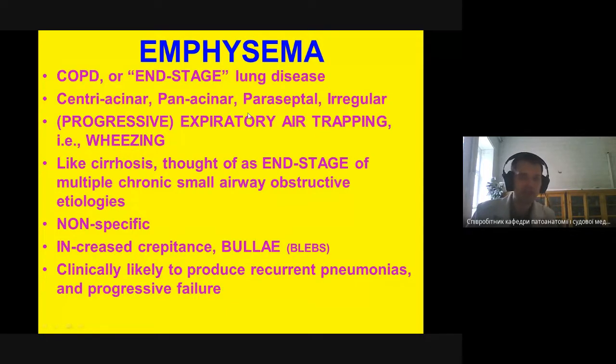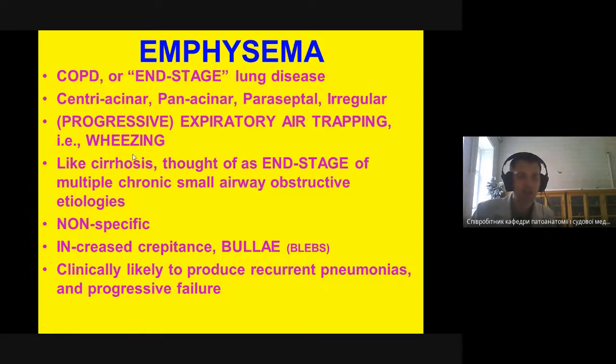The bronchi allow air to come in, but they are too narrow to let air go out. So they have a problem with expiration, with breathing out.